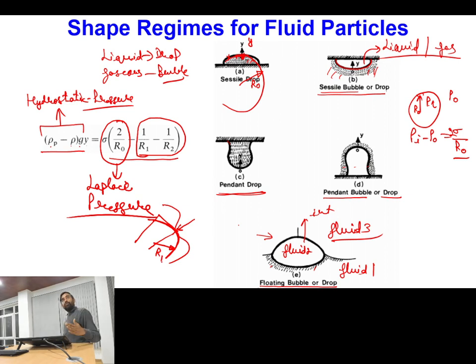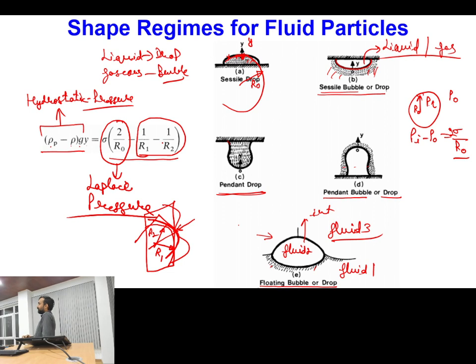Then after that you need to draw another plane which is perpendicular to this first plane, and in this plane whatever the radius is, that is our r2. So 1 by r1 is the curvature in one plane, 1 by r2 is the curvature in the other plane, and the sum of these two is called our mean curvature at that point.